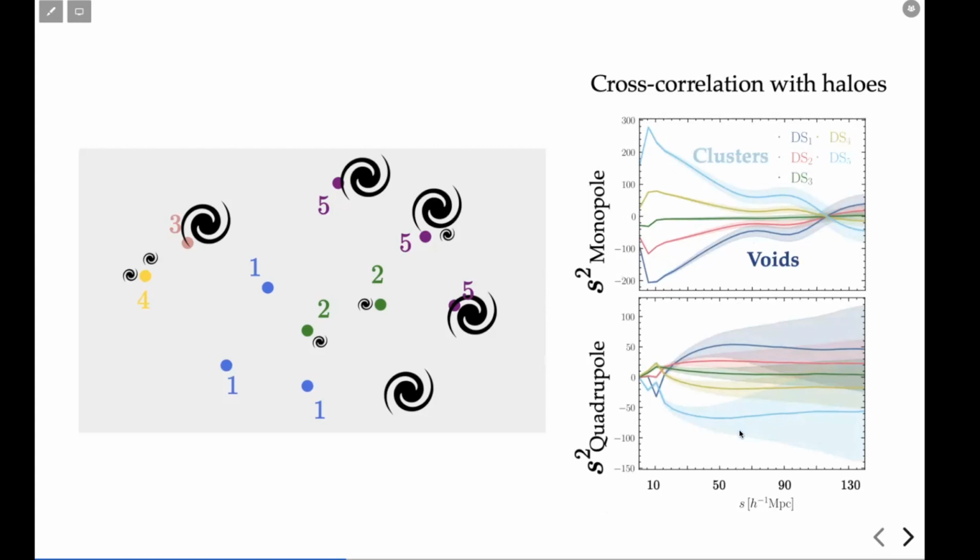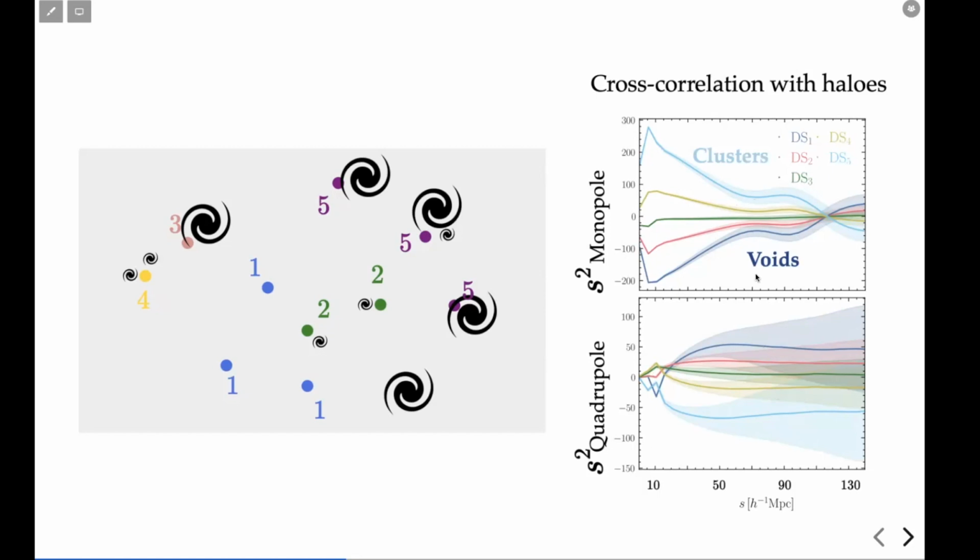And you can see also what happens to the quadrupole. Again, the signals are largest for DS1 and DS5, so the most extreme environments. The two-point correlation function would be some sort of weighted average of these curves. So normally you're averaging out all this information in the two-point correlation function.